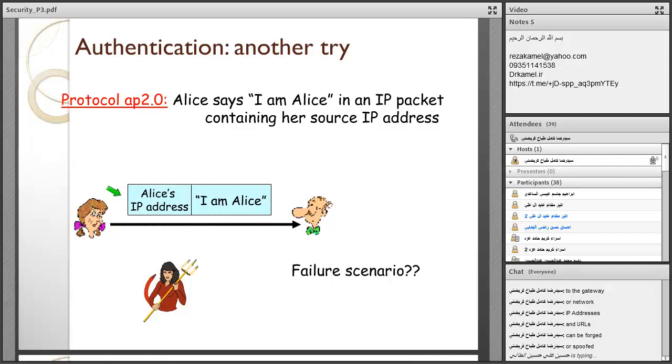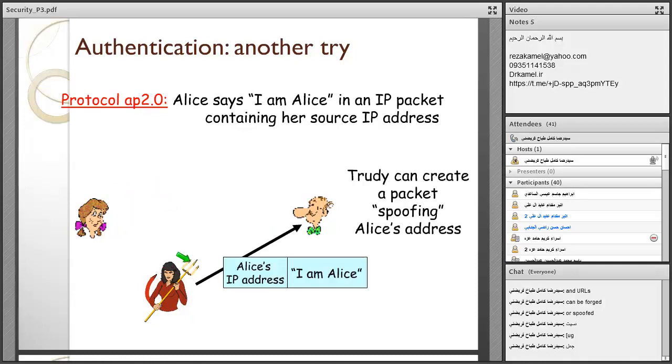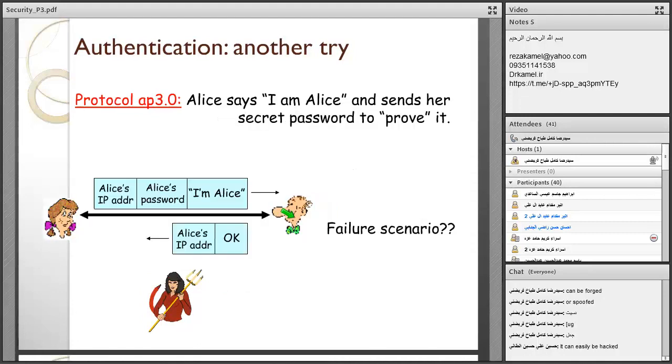Forged in Arabic, I think, is nastiyat or jal, okay? On the network, an IP address can be spoofed or forged. So again, Trudy can say I'm Alice, and the IP address of Alice can easily be forged.